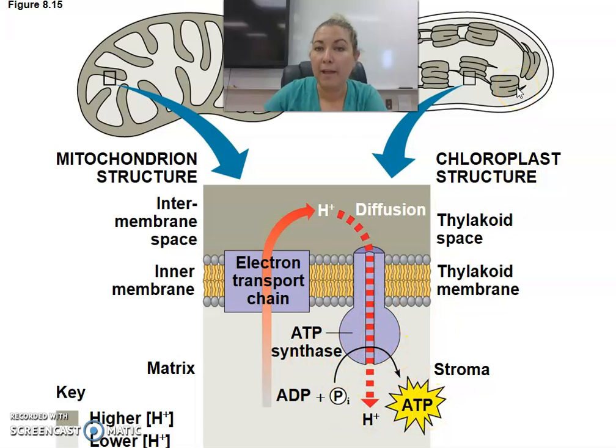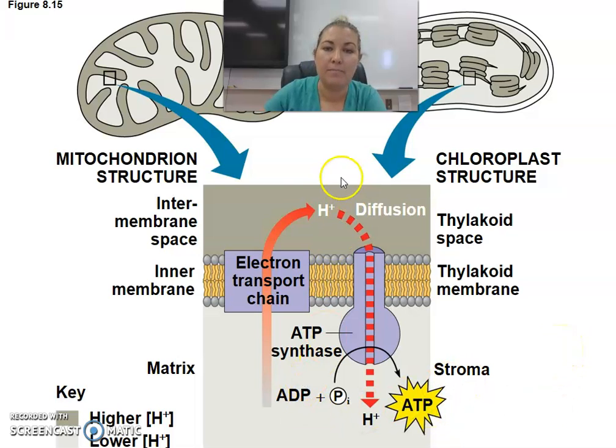In the chloroplast, it's the same, just the exact opposite, in that the protons are pumped into the thylakoid. And as they pass out, due to diffusion from high concentration to low concentration, they also create ATP molecules. So the big difference, of course, is that the mitochondria are making ATP to be used by the rest of the cell, but the chloroplast is just making a few ATPs to power the light-independent reactions.